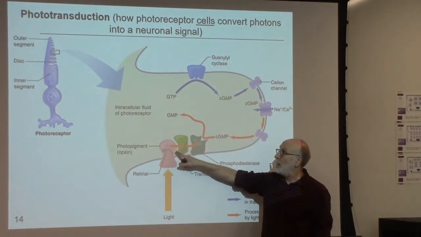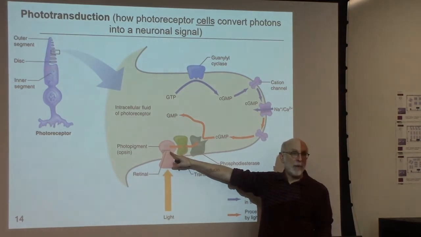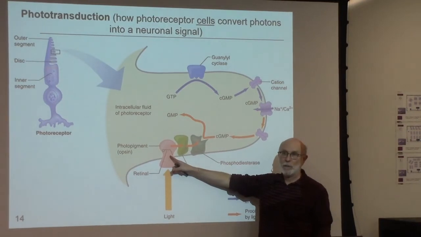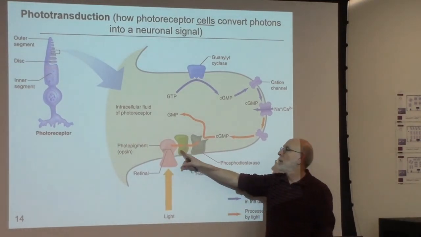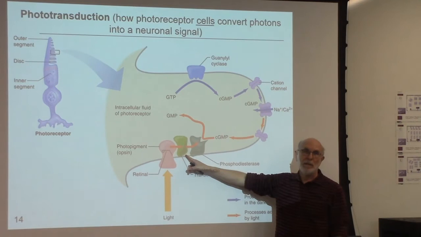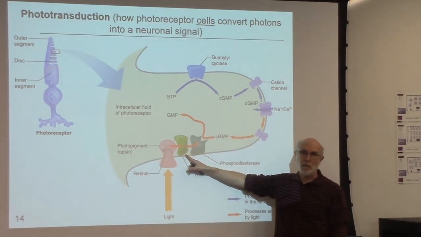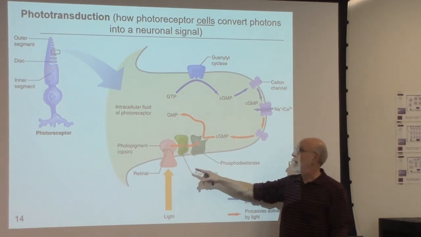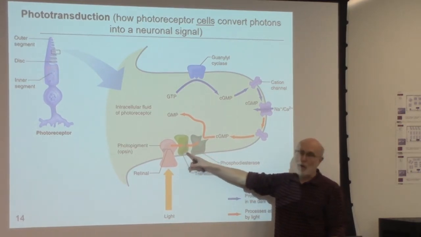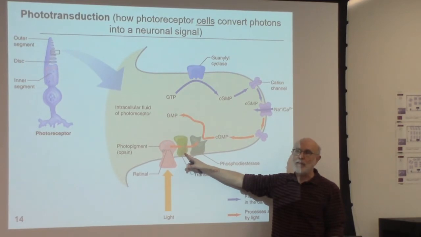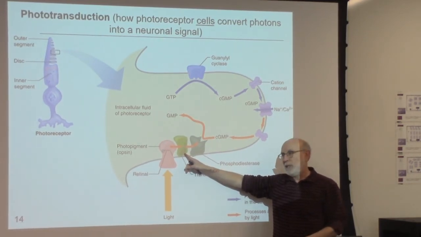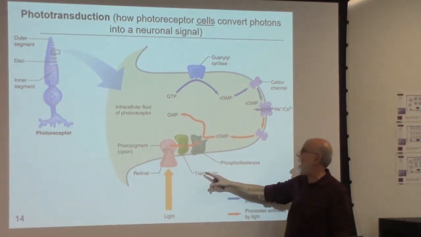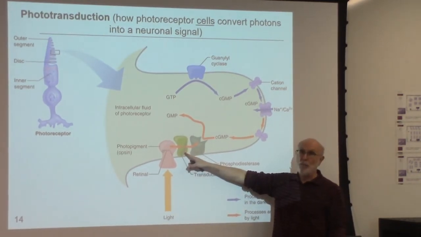Light, cis trans isomerization of retinal, conformational change of the opsin, conformational change of the G protein, transducin. You know what happens next. What happens when we activate a G protein? GDP dissociates, GTP associates. We now have an active G protein.